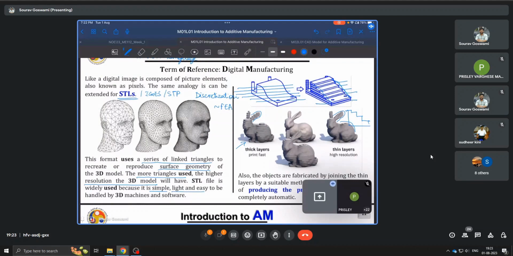However, the print time will increase exponentially. So what is needed is actually something called adaptive slicing, where the geometrically less complex parts are sliced into thicker layers, whereas the more intricate bits, such as these curves over here, we use fine slicing for such regions to capture the geometry more accurately.